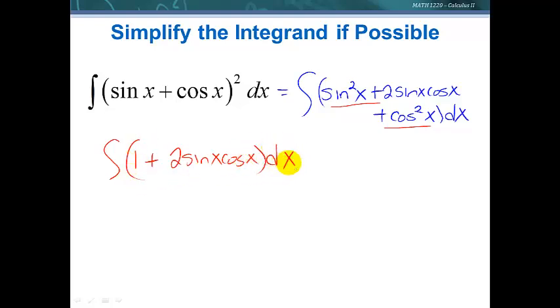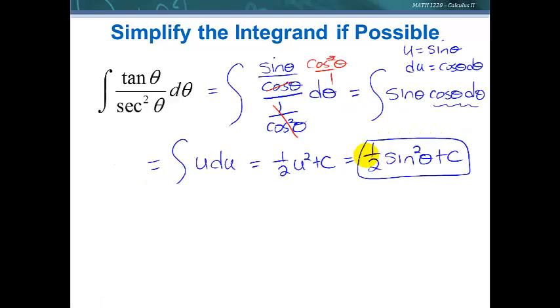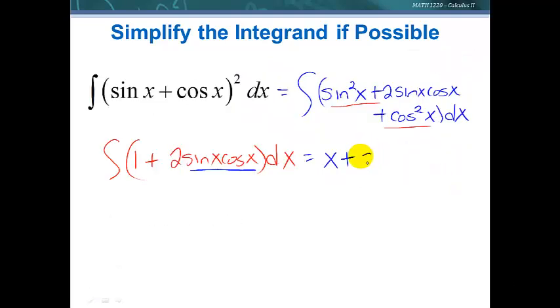Now I'm actually back to something I just solved, because I just did this one. And so I've already got that. I can integrate the 1 and get x, and then this just has a constant out in front of 2. But on the last one that I did, it had a 1/2. So essentially, if I had that 2 out in front, that would cancel with that 1/2. So it's just going to be a sine squared x plus a constant.